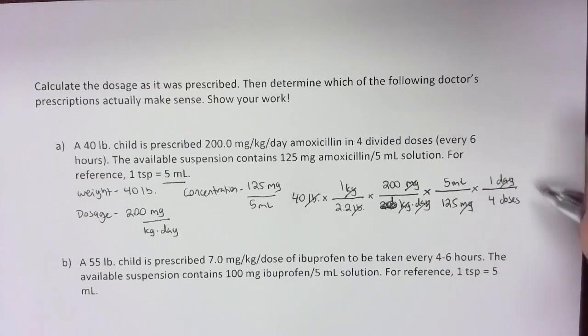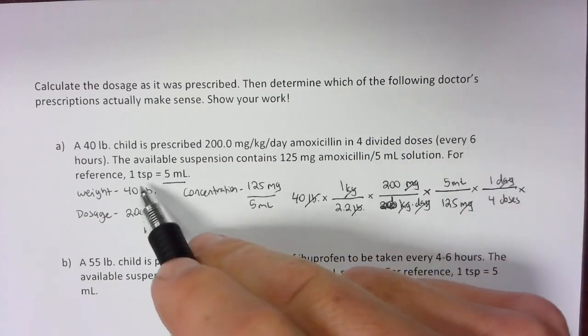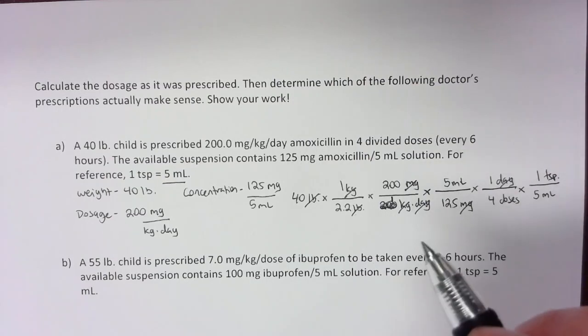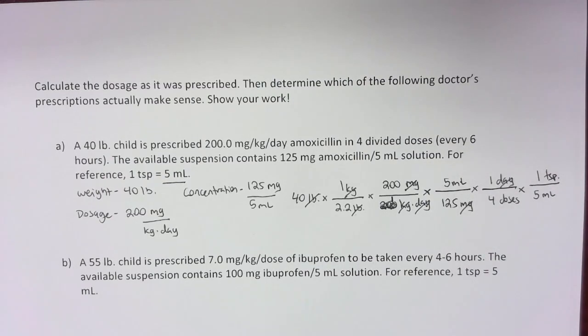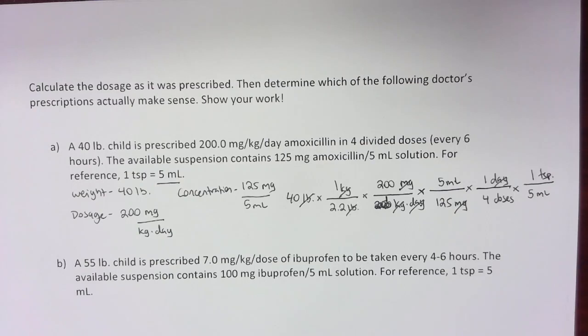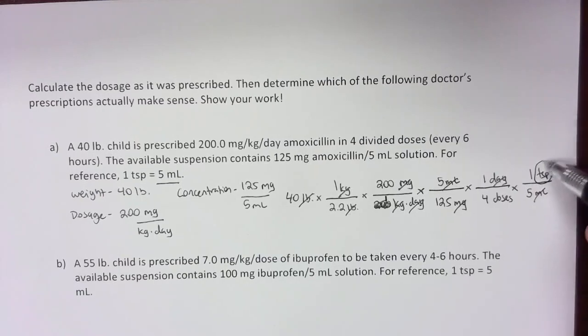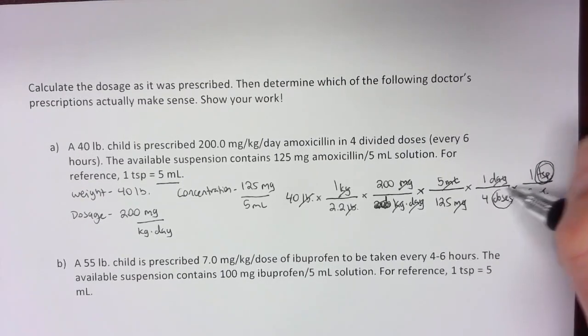And I could even take it one step further and use this calculation here and go all the way to teaspoons, just to give it more of a relevant type reference point. I think we all know what a teaspoon is, and that's a little bit easier to think about instead of milliliters. So now we have our units, teaspoon per dose.